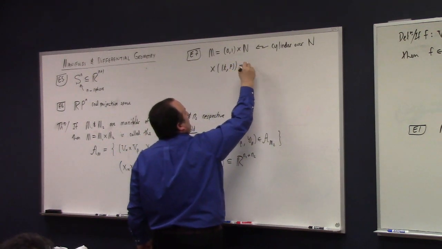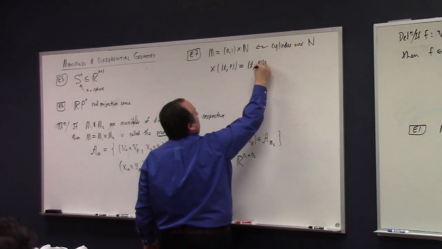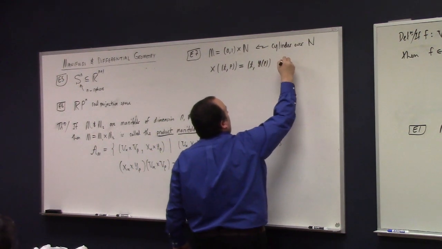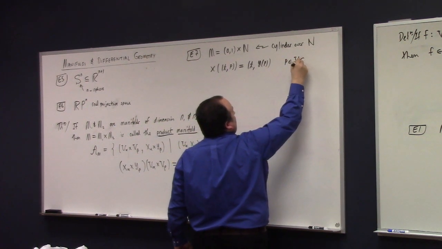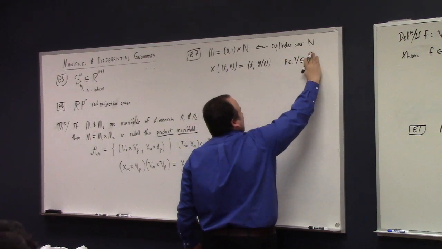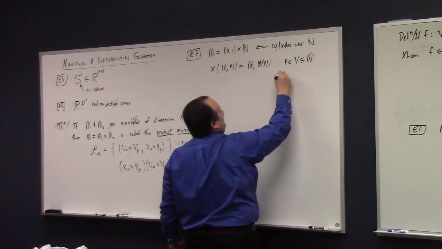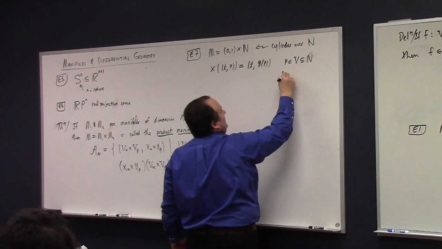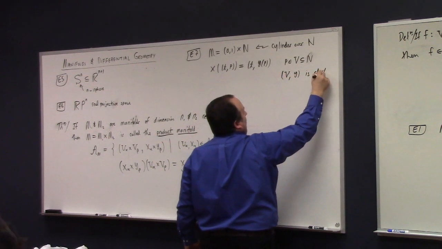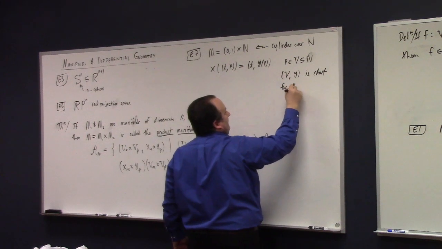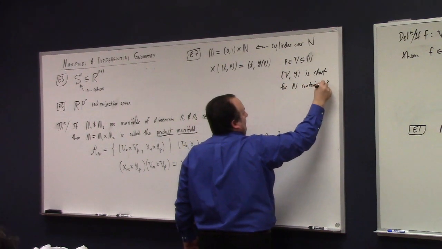We map it simply to (t, y(p)). We're assuming here that p is an element of V, which is a subset of N, and that basically (V, y) is a chart for N containing p, right?